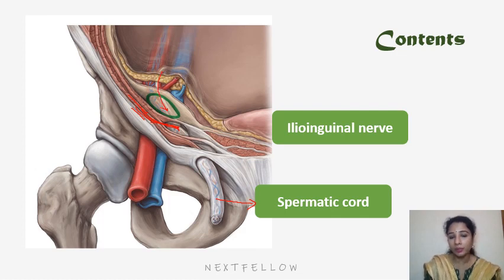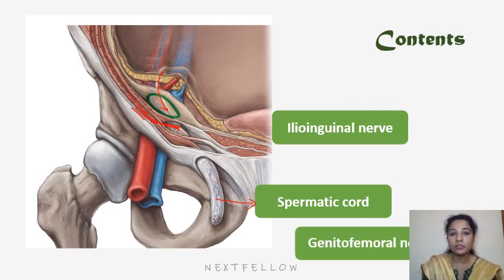The other nerve is the genital branch of genitofemoral nerve. It passes from the deep inguinal ring to the superficial inguinal ring along with the spermatic cord. So these three are the important contents of inguinal canal.